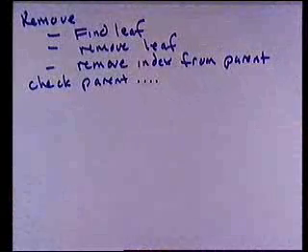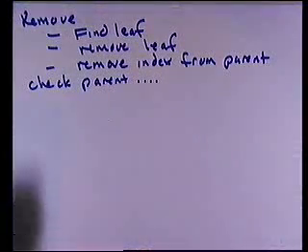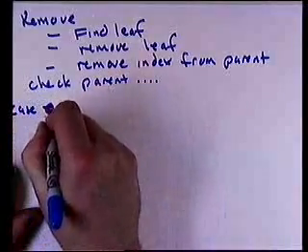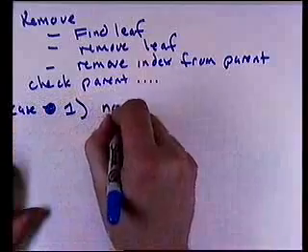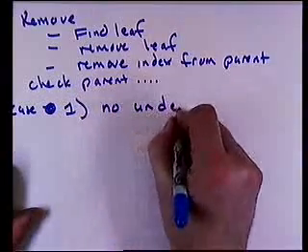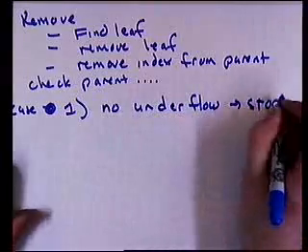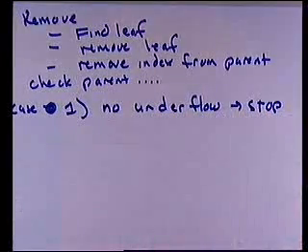And so now that we've checked the parent, the first thing we need to worry about is, again, we're down to cases here. Case 1 is no underflow, because now that we're removing, we're concerned about dropping below the minimum. And if there's no underflow, we can stop. And that's what we can do here.